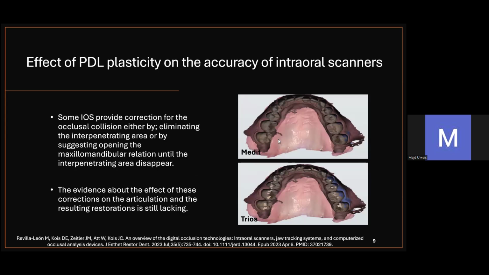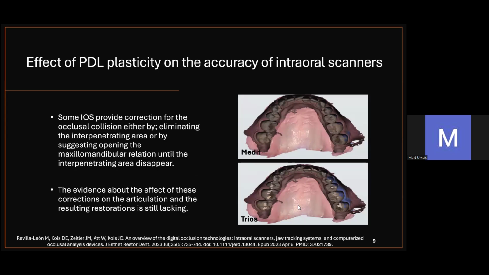Look at this figure. As you know, first we scan each arch individually, and this scan will have the teeth in an undisplaced position. But when the patient bites for the buccal scan, the teeth will be displaced to a more inferior position. As you know, the PDL can be displaced around 100 microns.